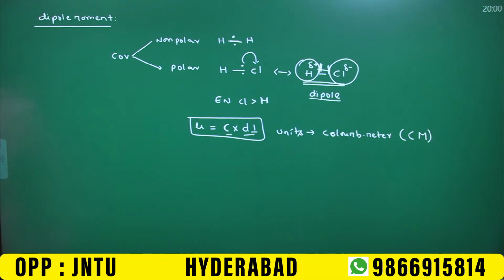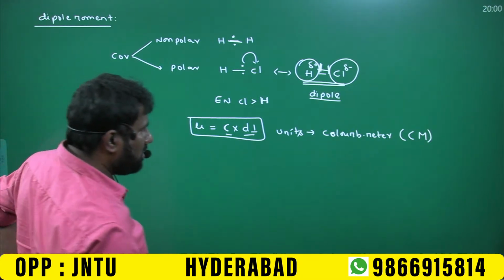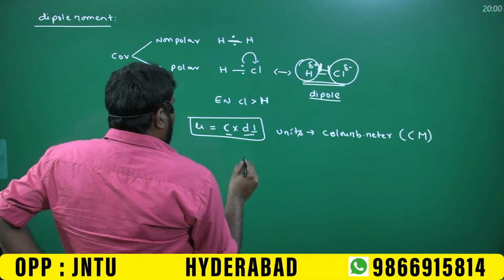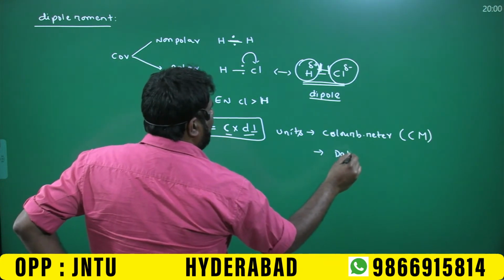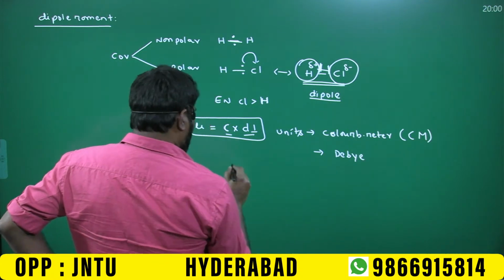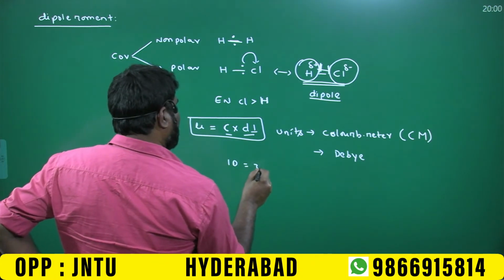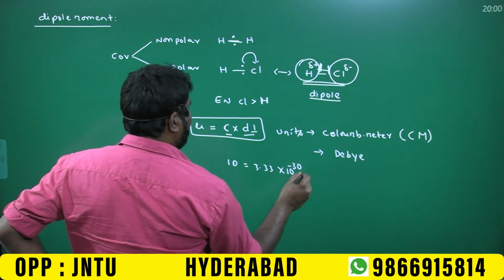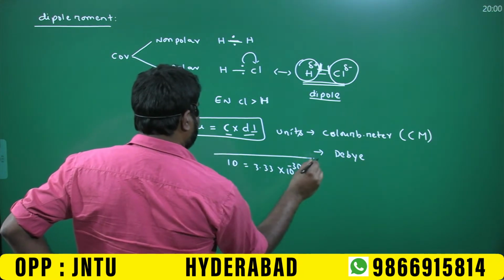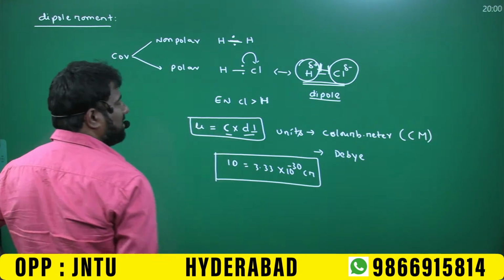Otherwise, we denote it with the debye. 1 debye equals 3.33 into 10 power minus 30 coulomb meters. This is the interconversion.